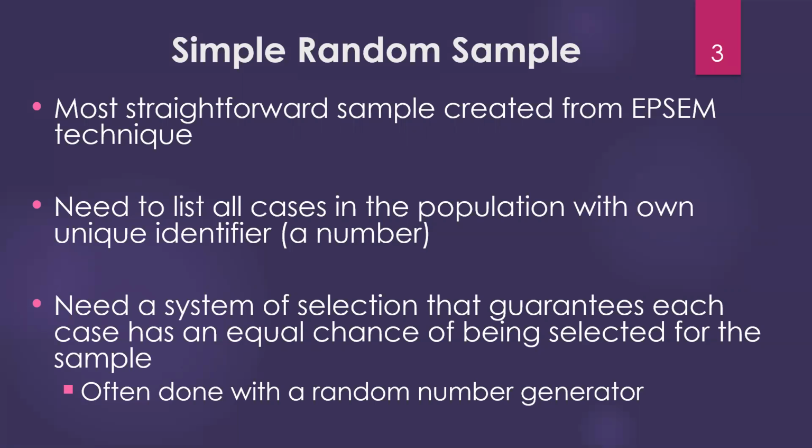So if there are 1 million people who live in the city of Philadelphia, to do a simple random sample would be really difficult because we would need to list out all 1 million people, give each of them a number, and then use a random number generator to identify which numbers for people we will select.